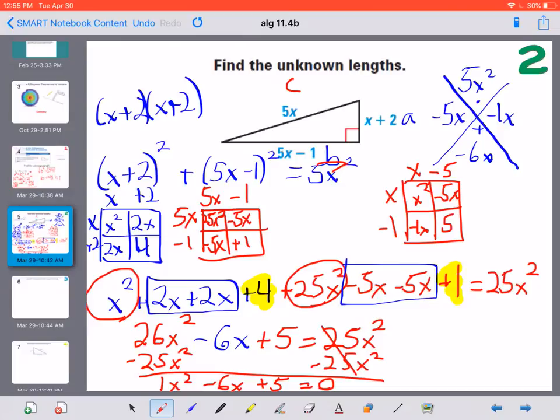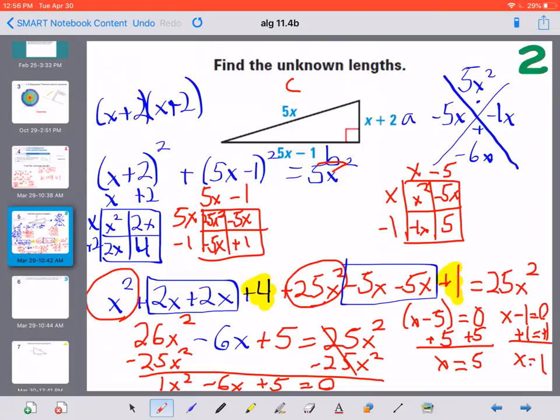So we get then x minus 5 equals 0, and x minus 1 equals 0. Here we're going to add 5. X equals 5. Here we're going to add 1. X equals 1.